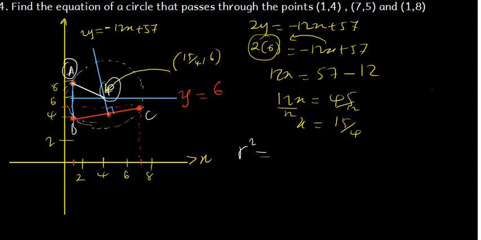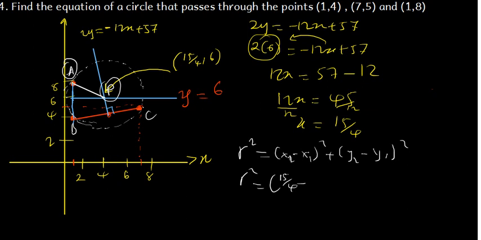r squared is given by x2 minus x1 squared plus y2 minus y1 squared. So this will give us r squared being equal to x2, let's take the center as 2. So x2 is 15 over 4 minus x1.